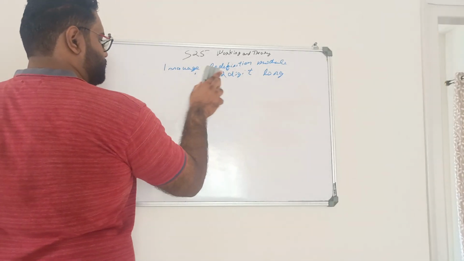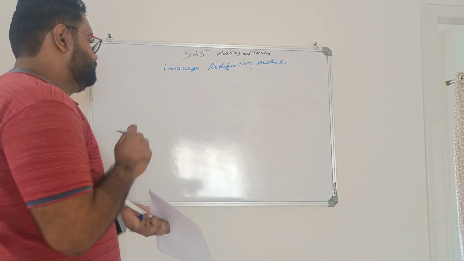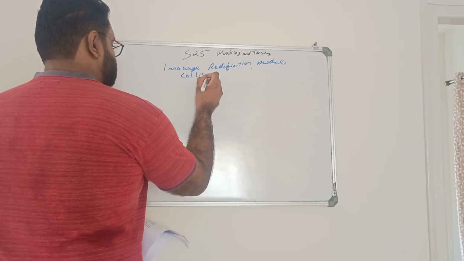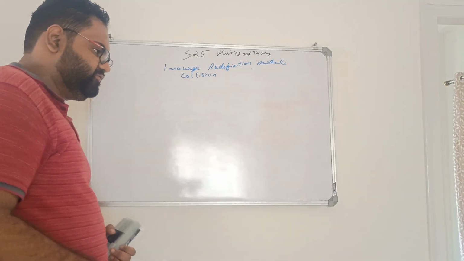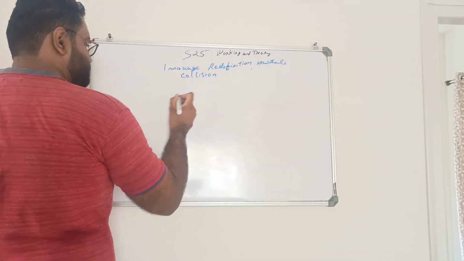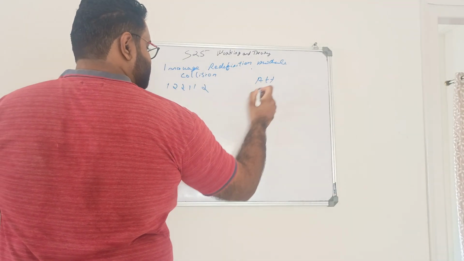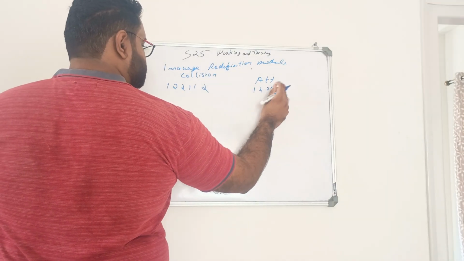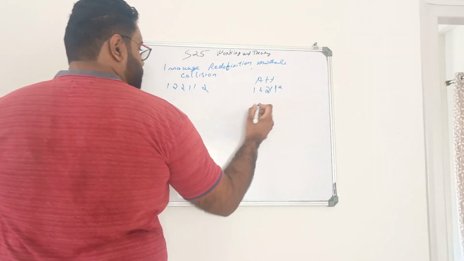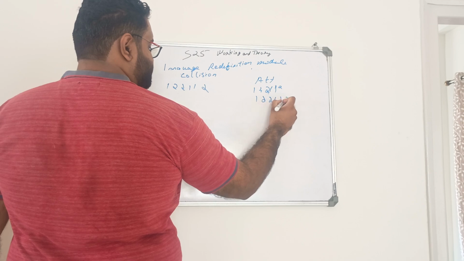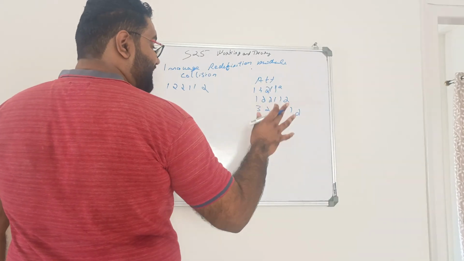What we classify as a collision when working with S25 is when, let's say, the actual receives 122112 and the attacker receives 142112, 122112, 324112, and many such valid ones.